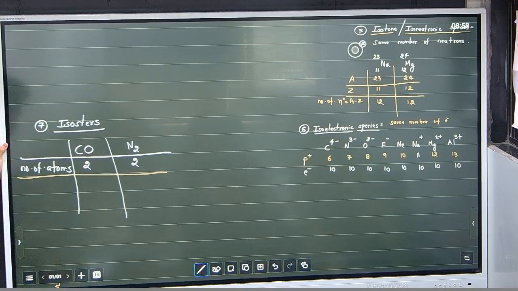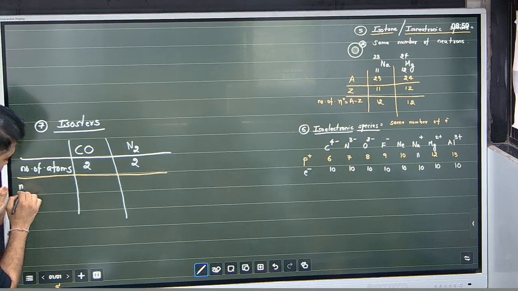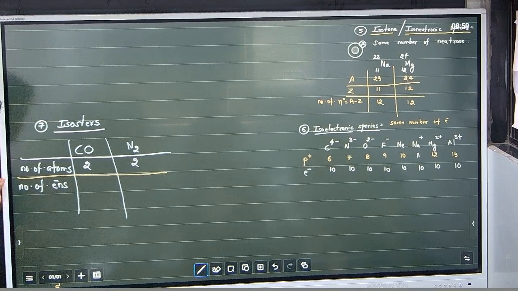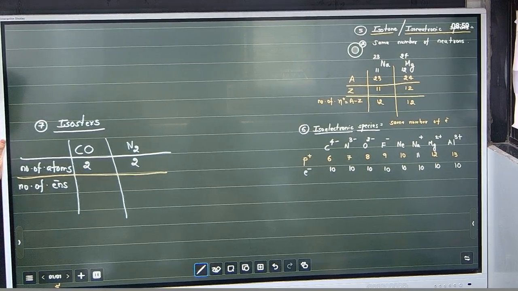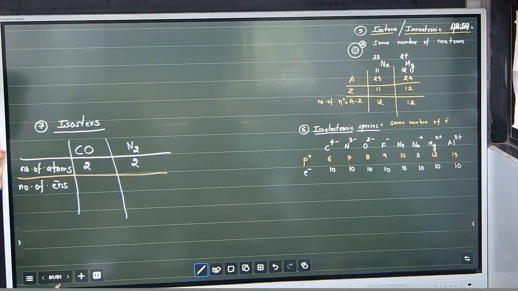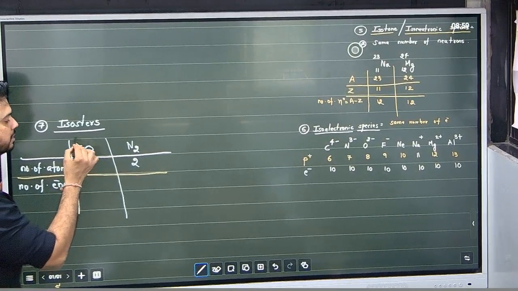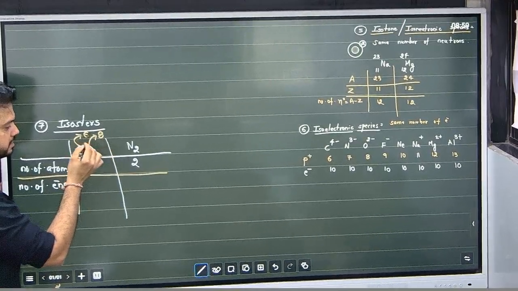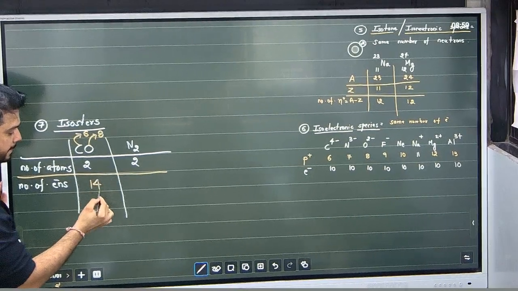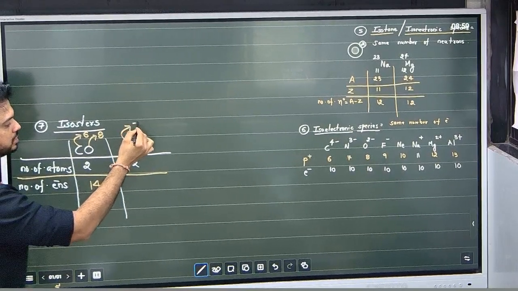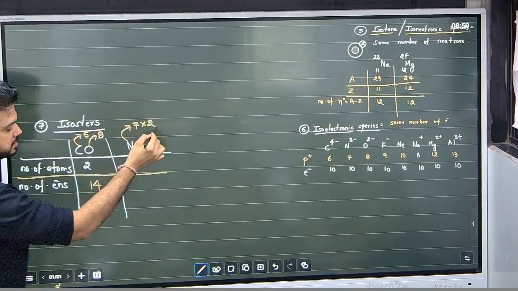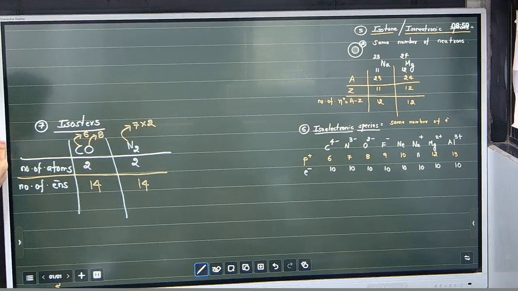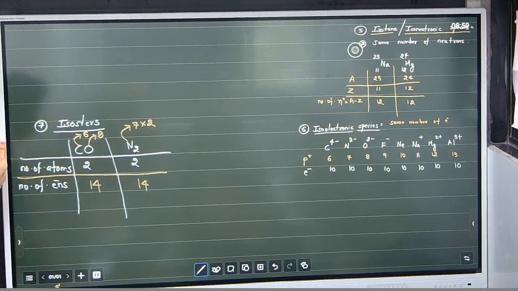With me? And now count for me the number of electrons. How many electrons are there in carbon? 6. Oxygen, people? 6 plus 8. How many electrons are there in nitrogen? But there are 2 atoms. Now can someone define for me what are isosters?